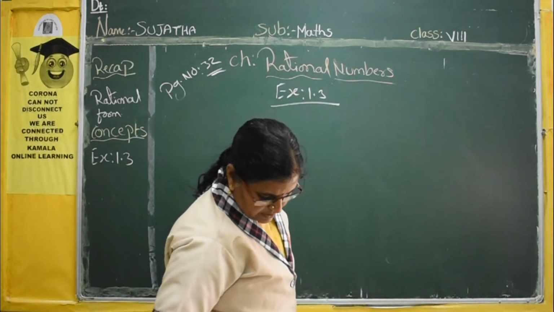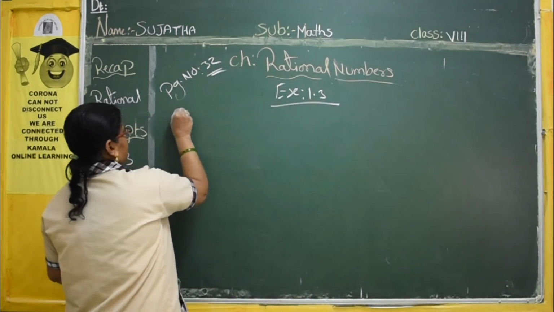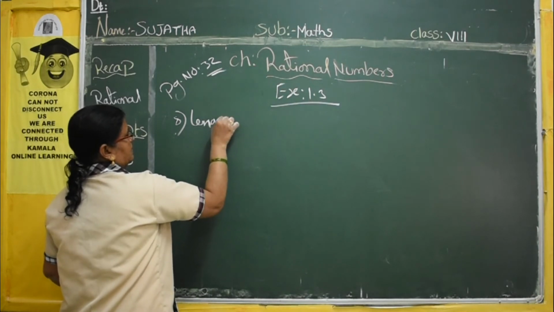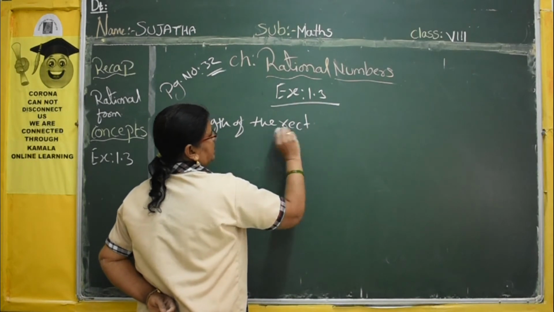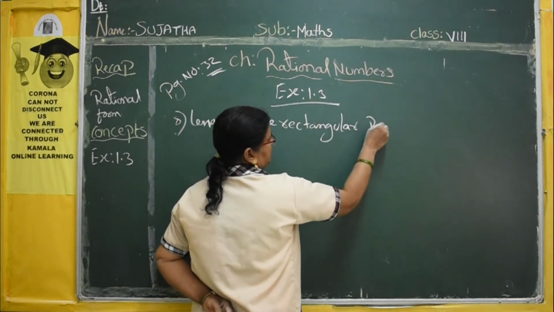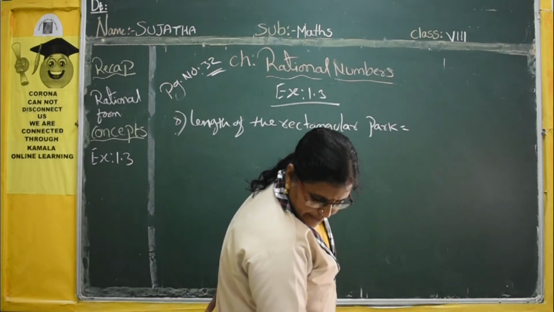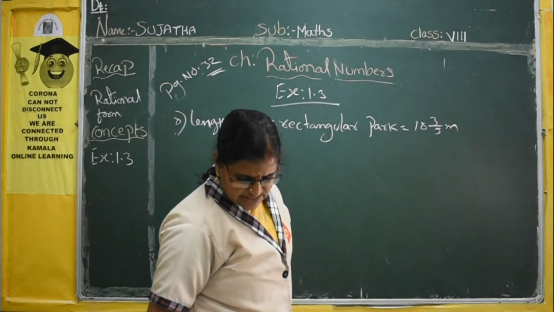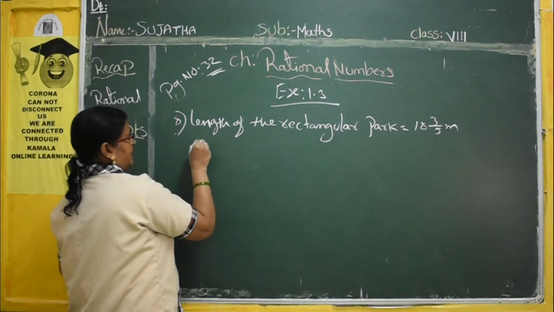Now, what is given? Long is nothing but length. So, 8th one, length of the rectangular part. How much is given as length? Length is 18 3 by 5 meters. Then broad is nothing but breadth.